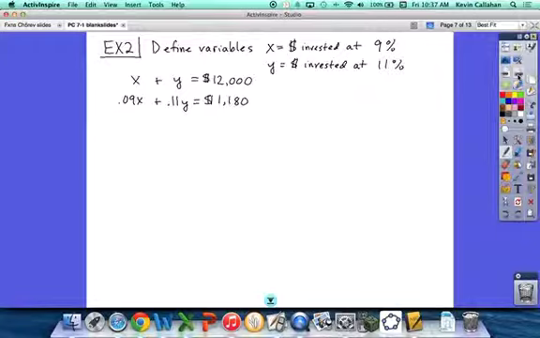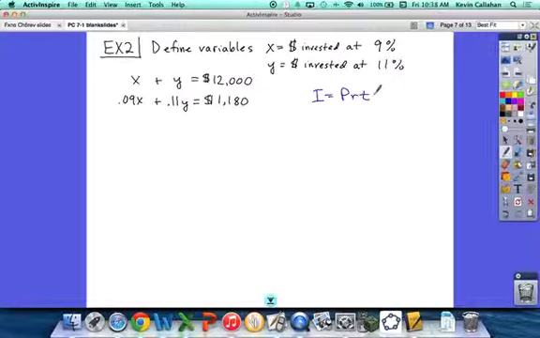Recall that the formula for simple interest is I equals PRT. The yearly interest is $1,180. How much is invested at each rate?